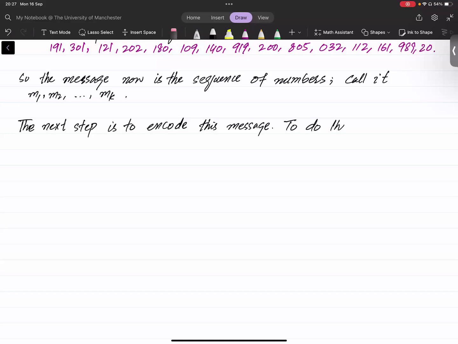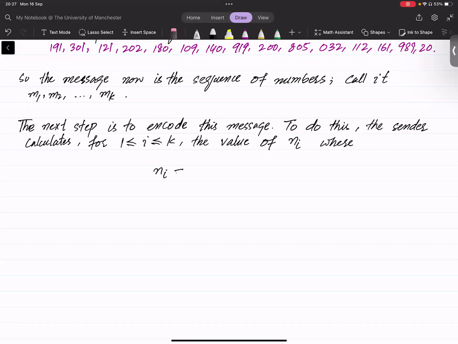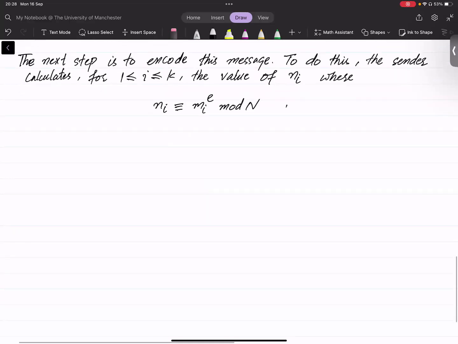To do this, the sender calculates, for 1 less than or equal to i less than or equal to k, the value of ni, where this ni is congruent to mi to the power e mod n, and it is between these two numbers.